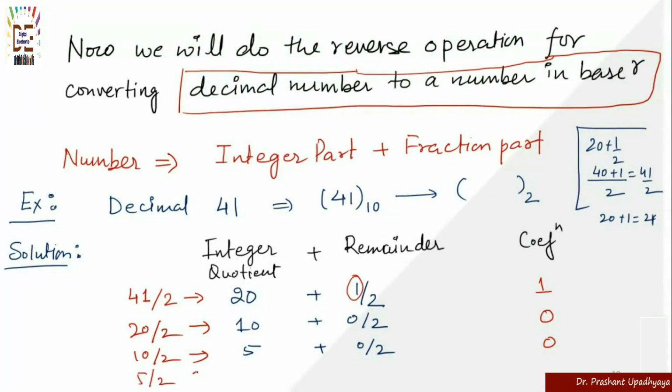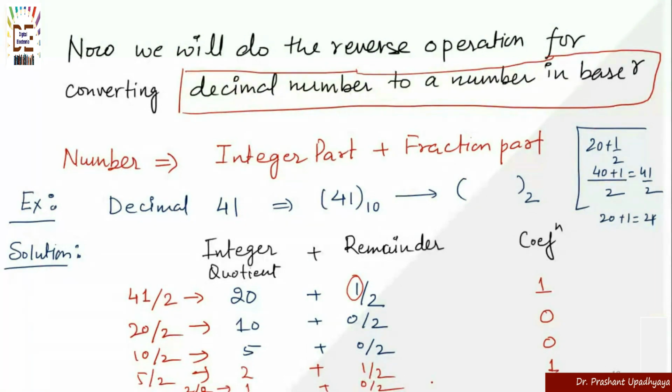5 divided by 2. What are you going to write? 2 plus 1 by 2. What will be the coefficient? 1. Then again take 2. I am writing here 2 divided by 2. Your answer will be 1, and again the remainder will be 0 by 2.